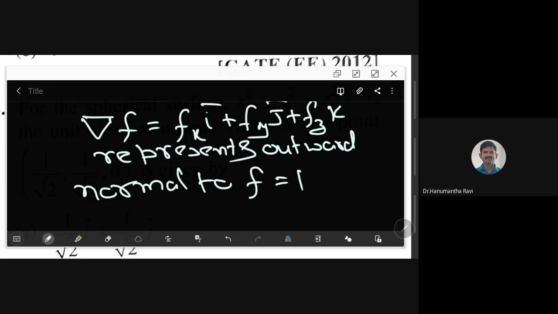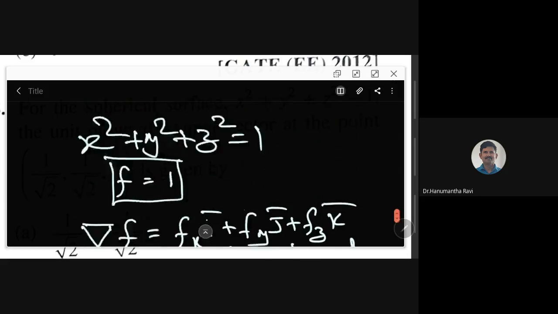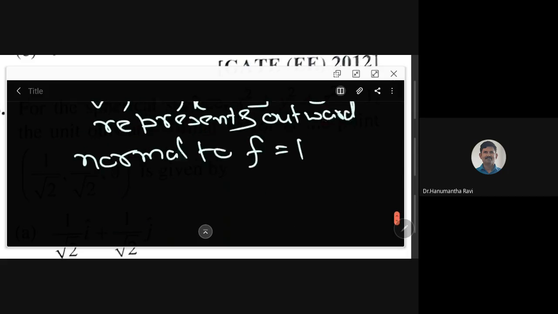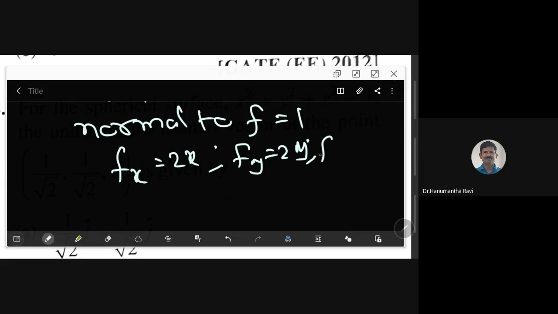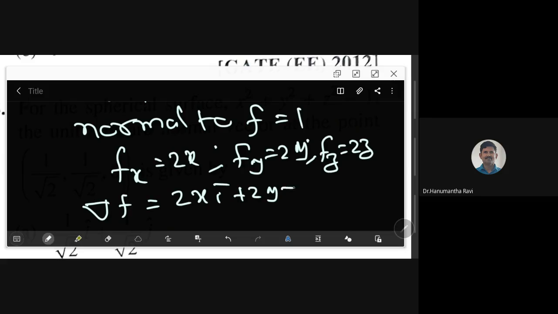So what is our f here? Our f is x square plus y square plus z square. So here fx is 2x, fy is 2y, fz is 2z. So what is the normal vector here? It is grad f, which is 2x i bar plus 2y j bar plus 2z k bar.